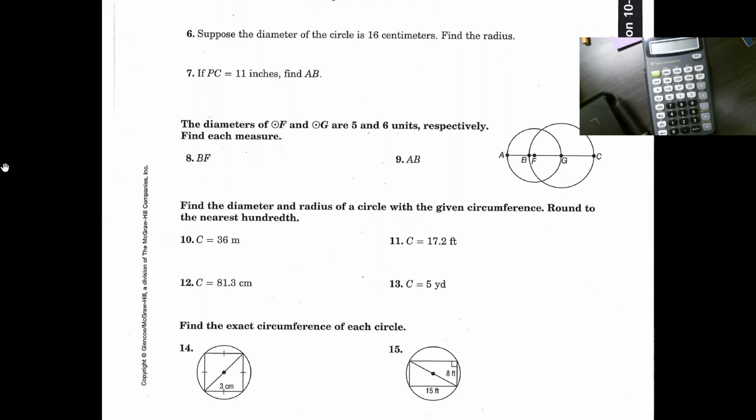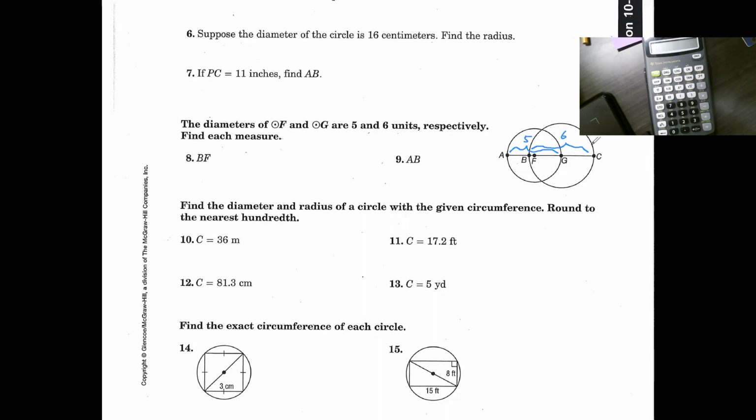Okay, so on 8 and 9, we have diameters of circle F and circle G. So there's two separate circles here. So the diameter of F is 5 and 6 units respectively. So 5 for F. So this distance all the way from here to here is 5. And then from B to C is 6. And they want us to find the missing measures.